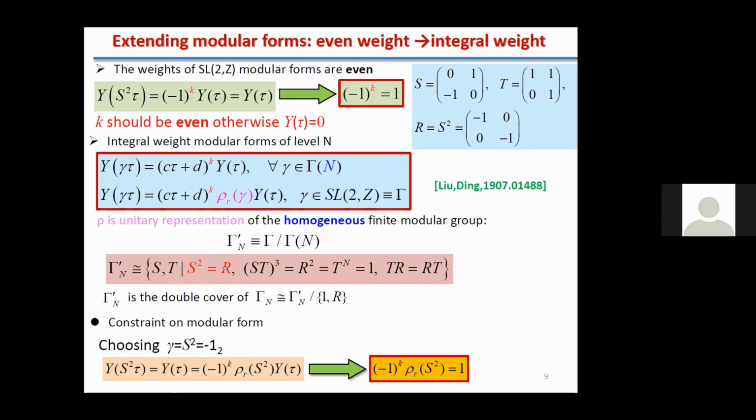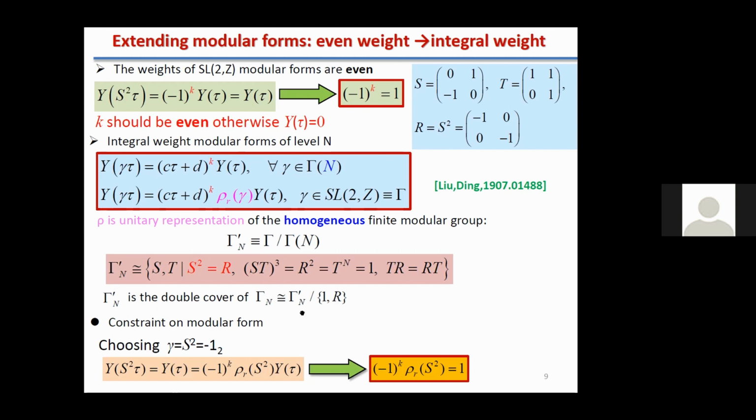If we identify R equal to 1, that means we perform the quotient of the homogeneous finite modular group over its center generated by R. Then we get the inhomogeneous finite modular group. I generally call the homogeneous one Γ'_N. The homogeneous finite modular group is a double covering of the inhomogeneous finite modular group, although only the structure is similar. That means two elements correspond to one element, so in this sense it is a broad sense of double covering.